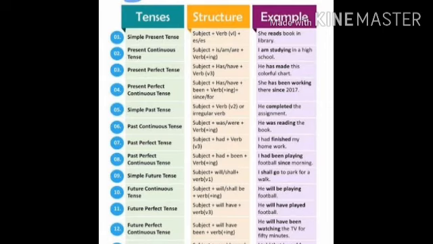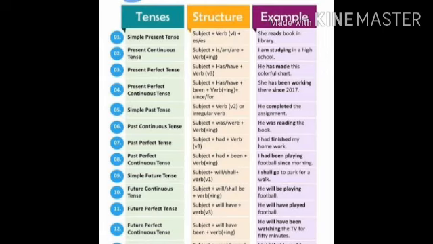Students, in past tense, past indefinite tense, the formation is subject plus second form of verb plus object. Students, here please remember that always use second form of verb in simple sentences in past indefinite tense, but in negative sentences and interrogative sentences of past indefinite tense we always use first form of verb plus did or did not.